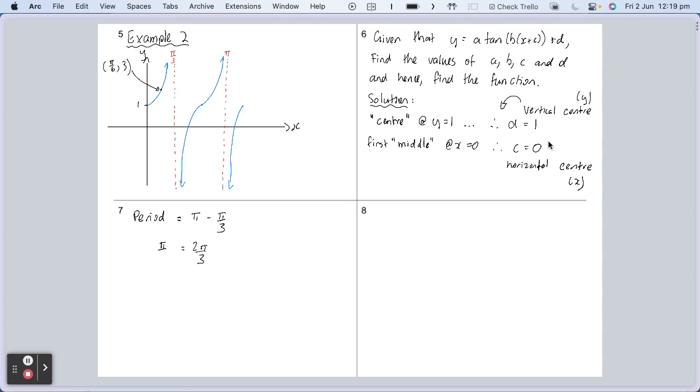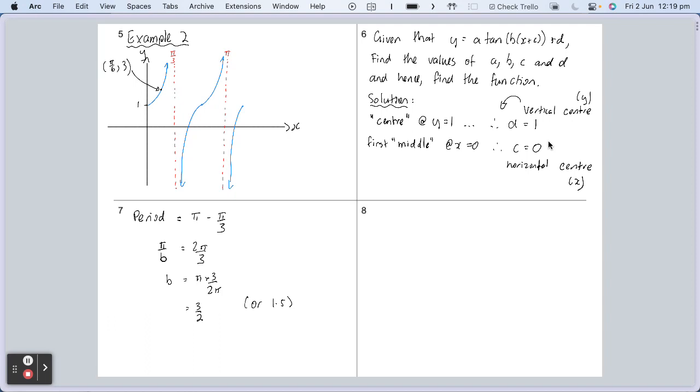So pi over b is equal to 2 pi on 3. Switch places, and we get b is equal to pi multiplied by 3 on 2 pi, which will give us a value of 3 on 2 for b. Or you could write 1.5 if you prefer. Is that okay? All right, that's the period done.